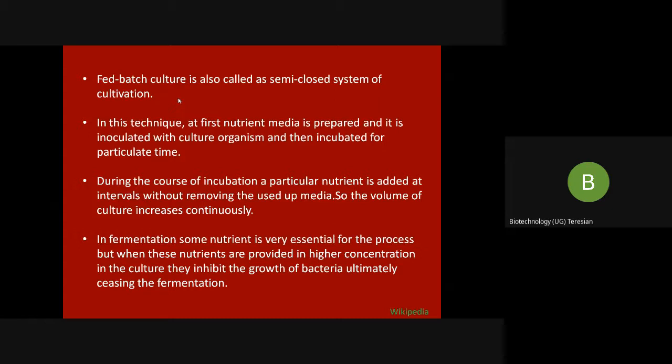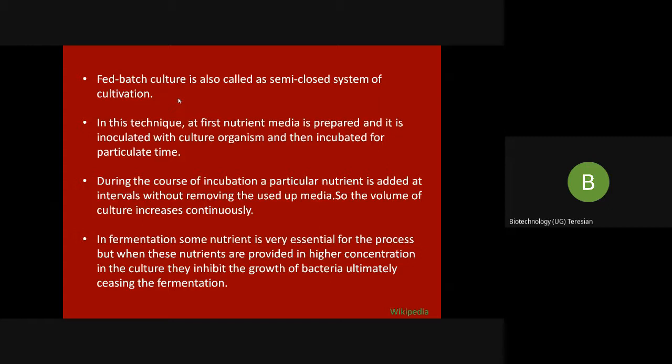In this technique, at first, nutrient media is prepared and it is inoculated with the culture organism and then it is incubated for a particular time. So first you prepare your nutrient media and inoculate the microorganism, and then you incubate it in the fermenter for a particular time.